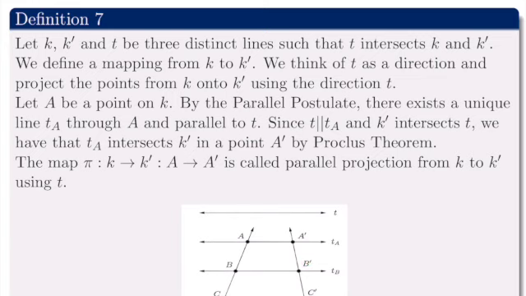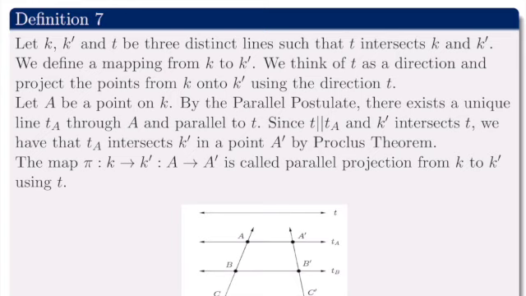B prime is created from TB being parallel to T, and K prime intersects T, so TB intersects K prime at a point, let's say B prime. C would be similar, except we would use TC and T. K prime would intersect T, and by Proclus's theorem, we let this intersection point be called C prime.